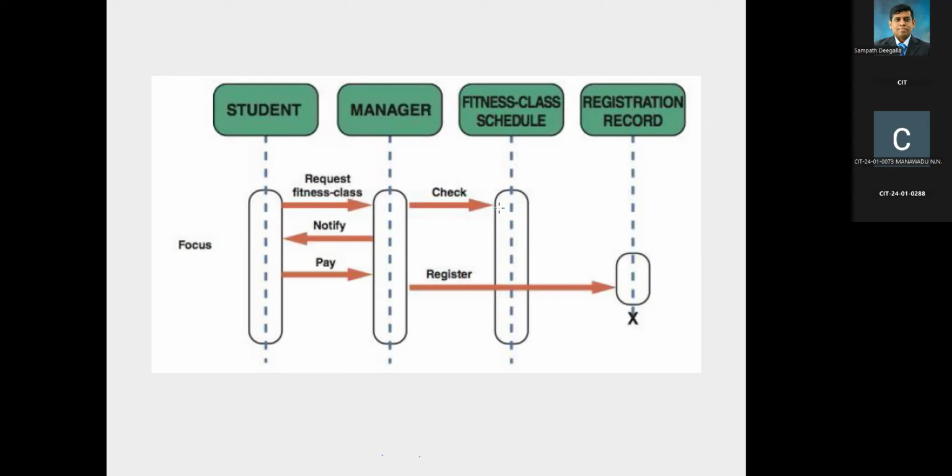That check happens here, and then depending on that, the manager notifies the student back if the time is available. Next, the student has to make the payment. Once the payment is received, we need to register the student, and we create the registration record, and this indicates the end of this lifeline.